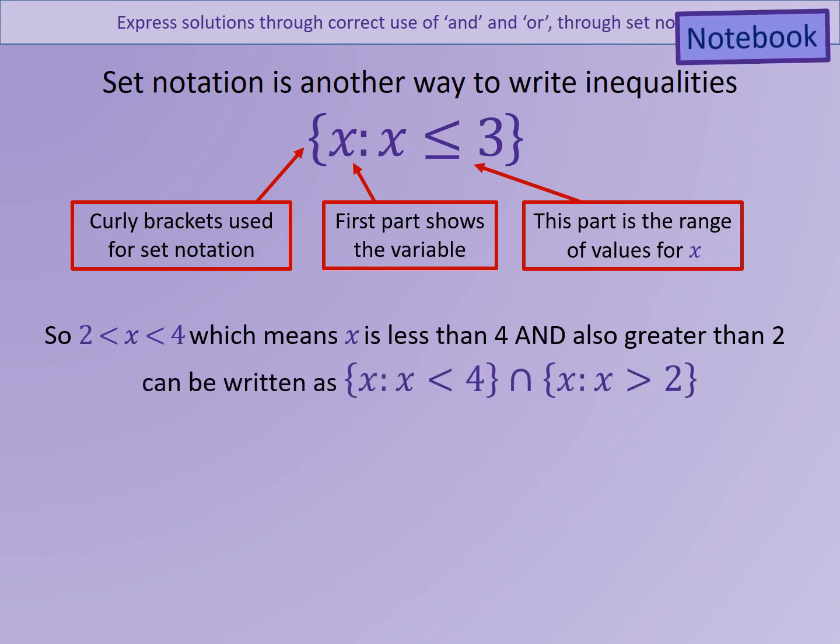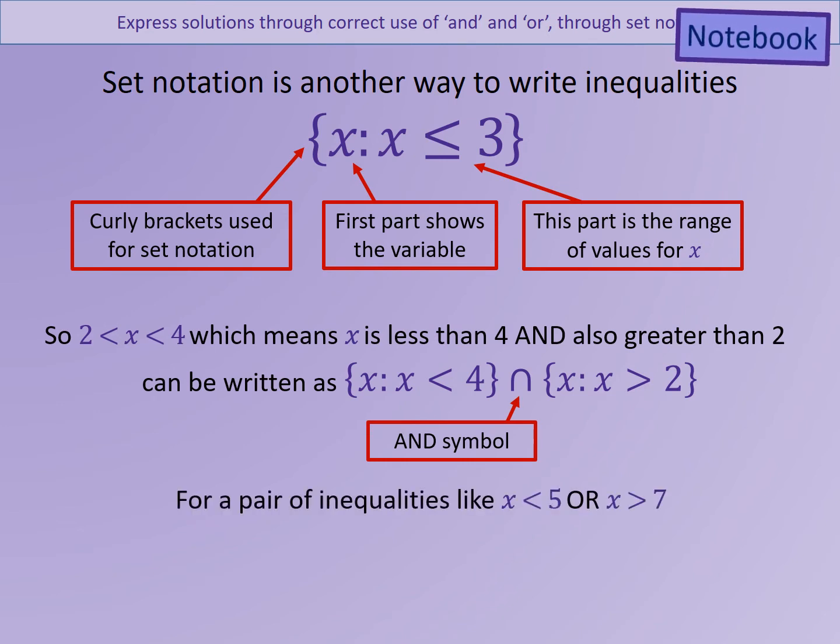So here is the set notation for that. We have to write it as 2 separate parts, and then this symbol in the middle of the 2 parts is the and symbol in set notation, but we'll look at that in due course. So the and symbol, and the fact that x has to be less than 4 and x is greater than or equal to 2.